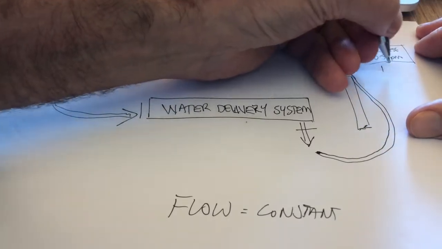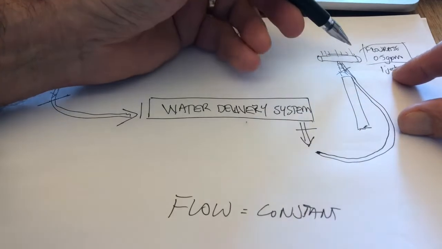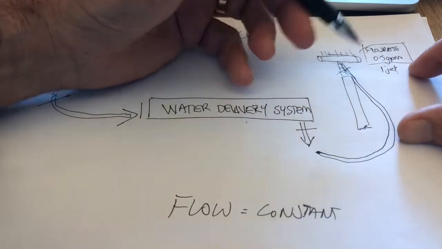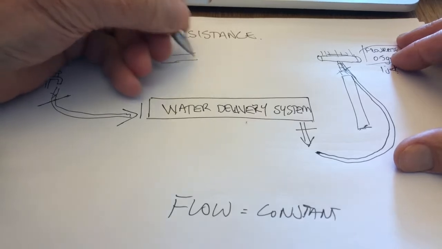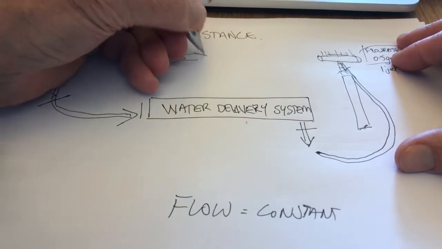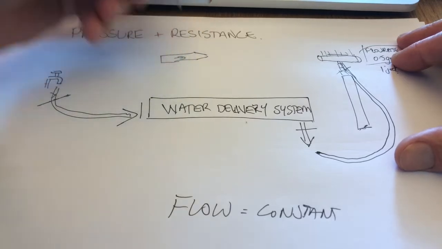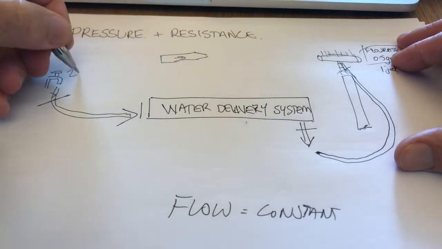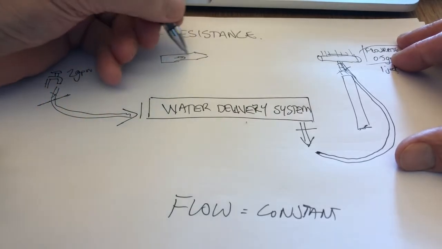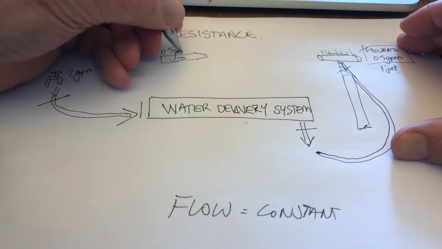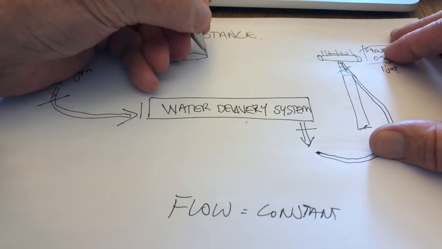If we have one jet open, then one jet is a lot of resistance. So if you look at it, you have water flowing in this direction. It then comes down into a resistance. And then this water, with this volume of water, maybe there's 2 GPM coming through, it's trying to push 0.5 GPM through this one little jet, yeah?